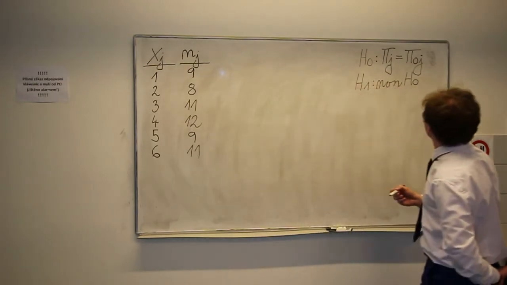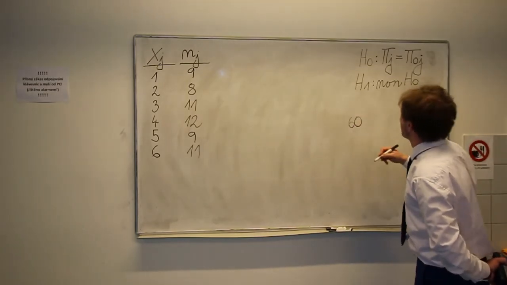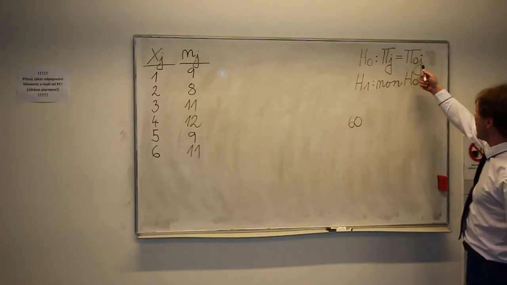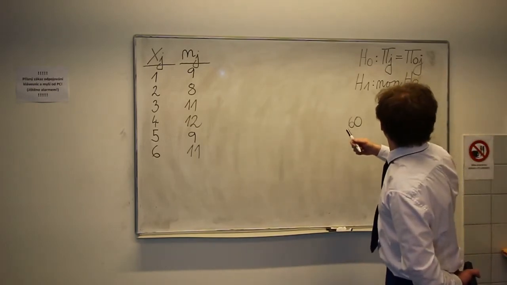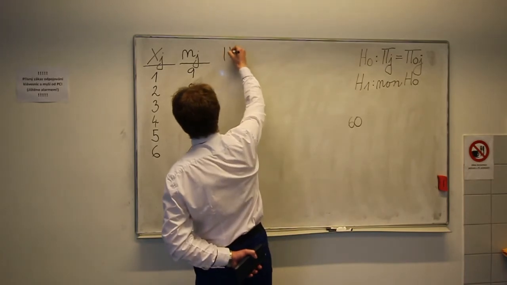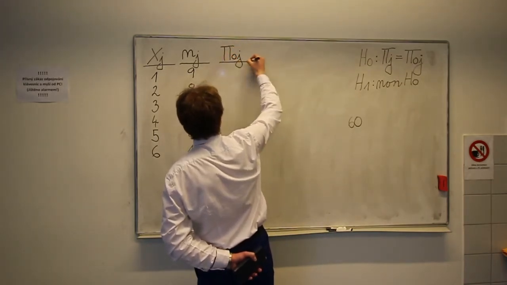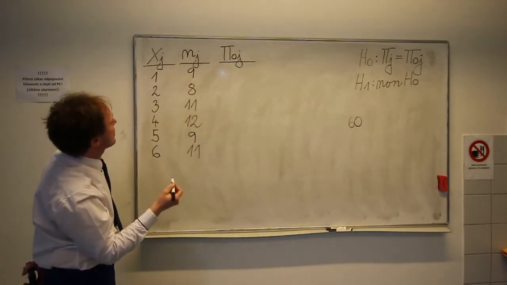So we know that we have 60 rows in total. So I expect that there should be P0j, theoretical relative frequencies.